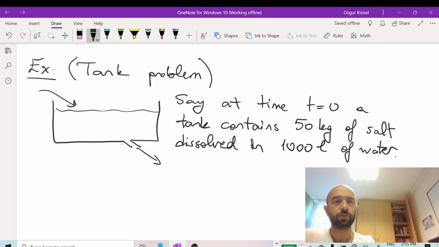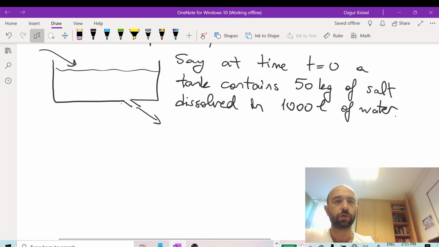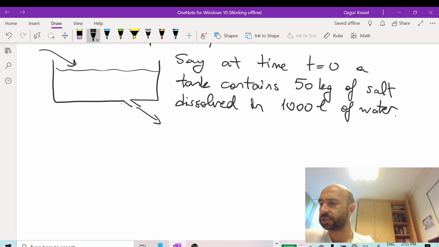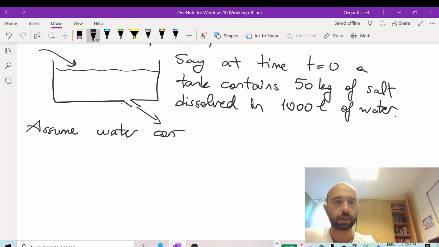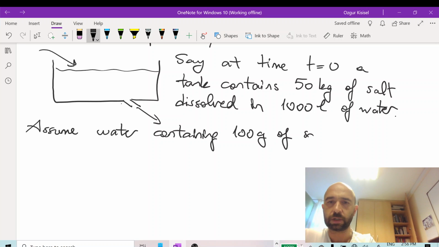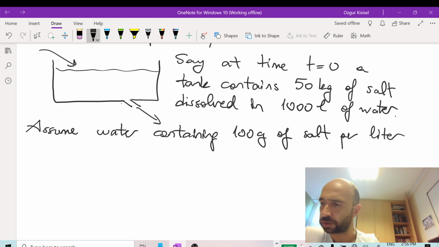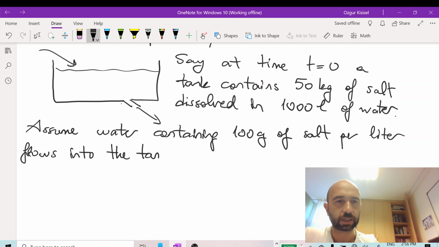Now we assume something about both this entering part and exiting part. So assume that water containing 100 grams of salt per liter flows into the tank at a rate of 30 liters per minute.